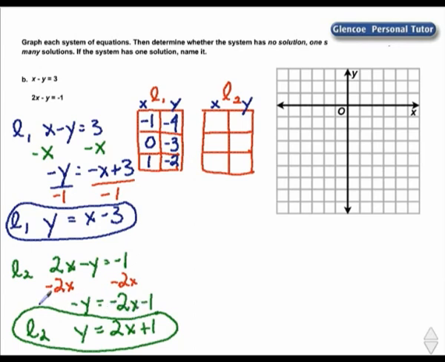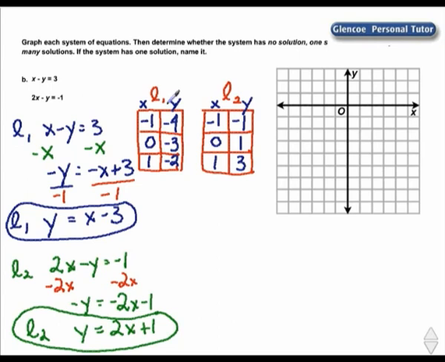Now for my second equation, line 2, I'm going to also choose the same x values, negative 1, 0, and 1. And when I plug in a negative 1, I get negative 1. 0, I get a 1, and when I plug in 1, I get 3. Okay, let's go ahead and graph these now.